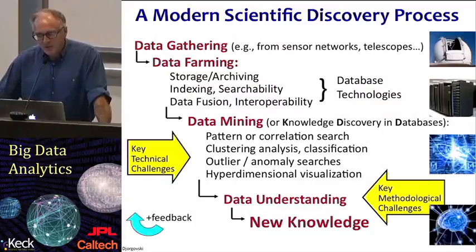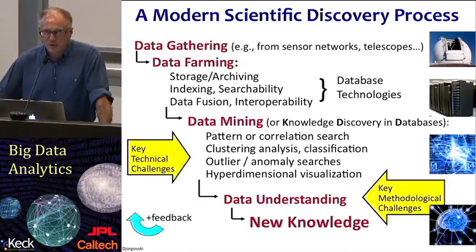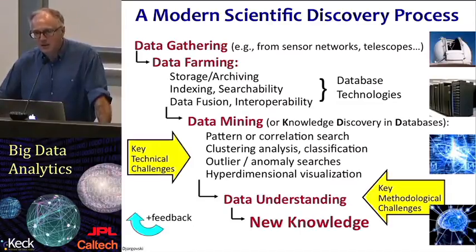So a simple way to represent the modern scientific process is, say, you gather the data, whether it's from gene sequencing machines or satellites or telescopes, it doesn't matter, and then you do what I call data farming. Data have to be organized and indexed and made easily accessible and findable, and ways in which they can be combined. And we know how to do this very well, but it still takes some skills. Then comes the interesting part, discovering regularities in the data themselves.